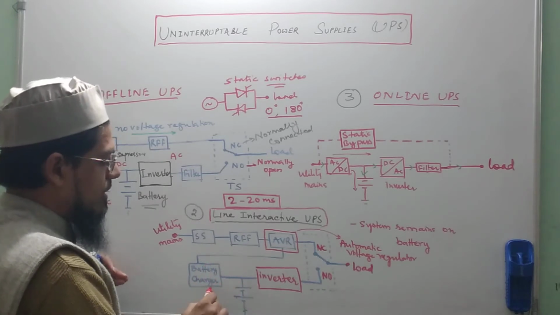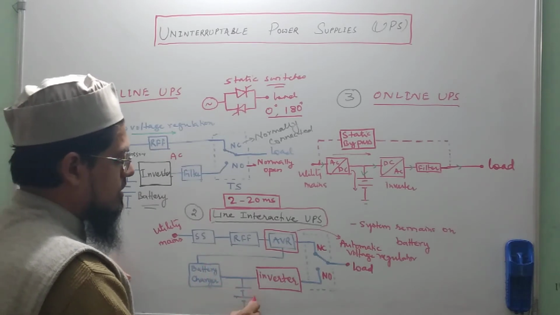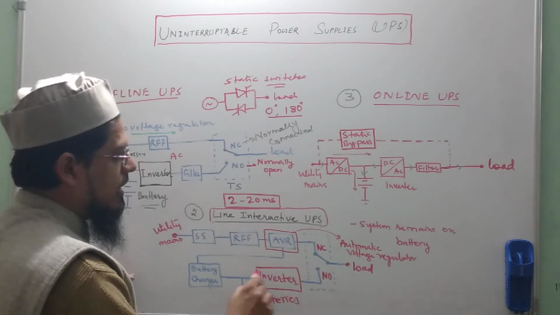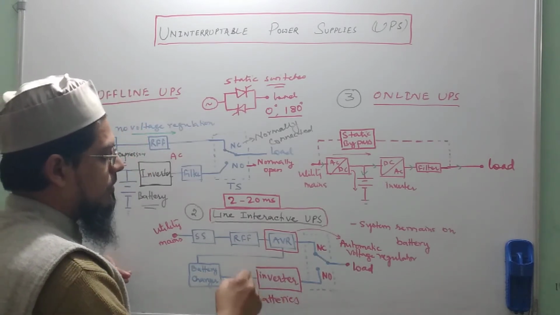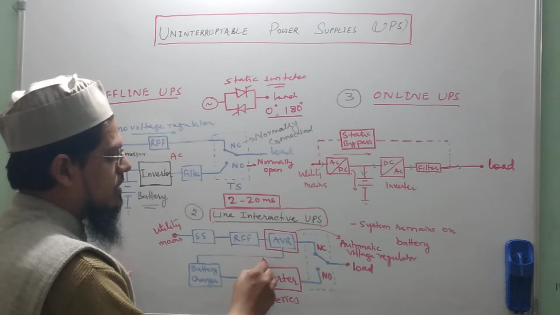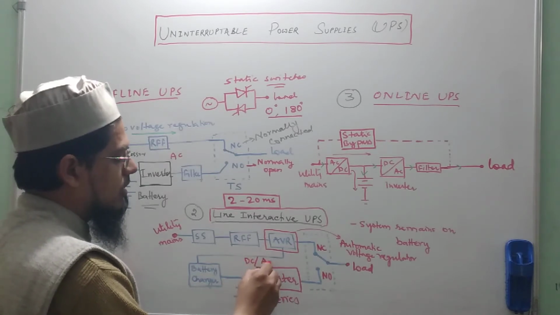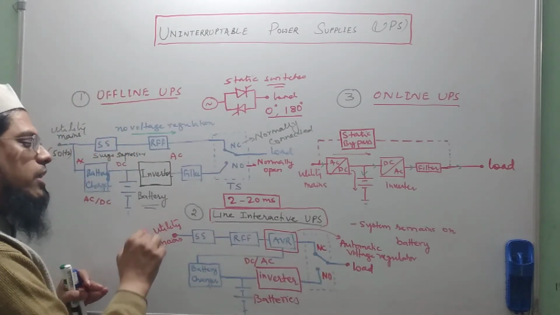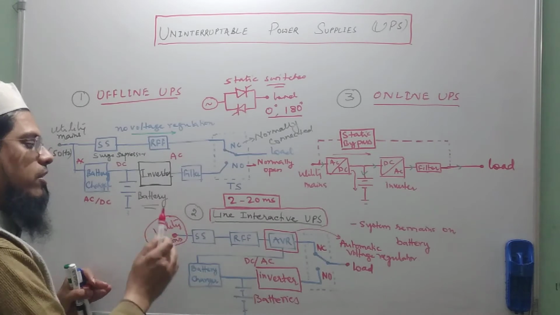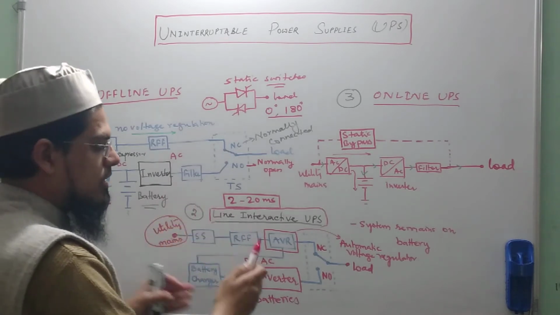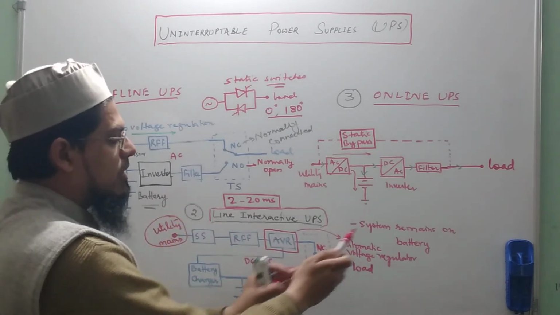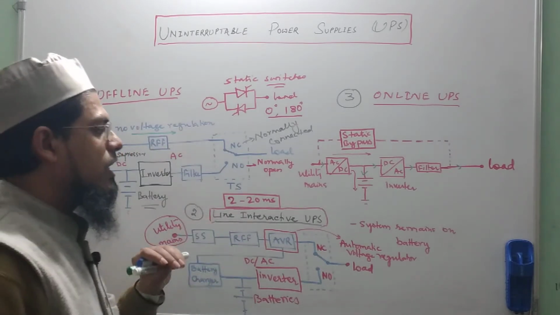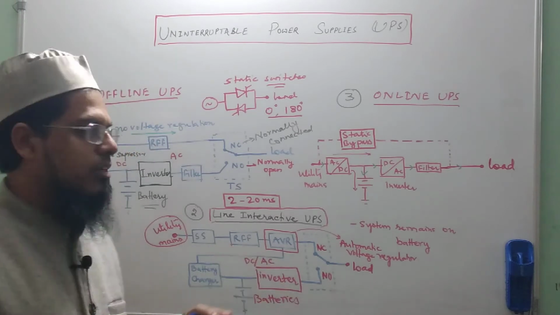So we have this battery charger which charges these batteries, and the inverter ensures that the DC supply is converted into AC and given to the load when the utility mains fail. When the supply from the utility main fails, this battery takes over and supplies power to the load, and thereby ensures that the load is always getting power.